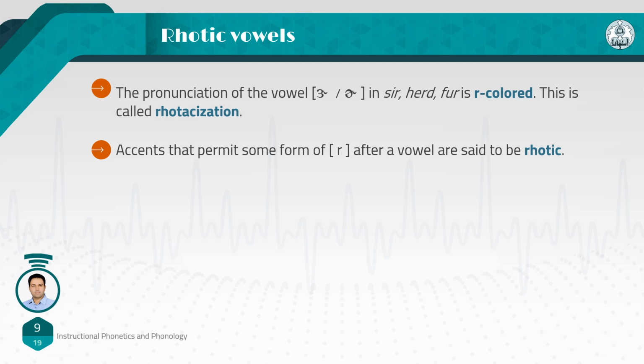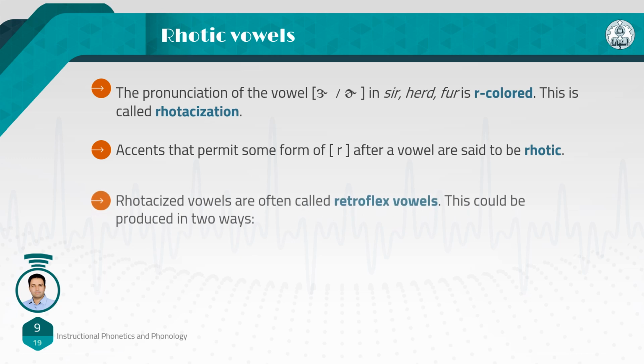In many forms of American English, rhoticization occurs when vowels are followed by R, as in, for example, beard, bird, bard, poor, tear, hour. And if you pay attention to British pronunciations, you understand that British is a non-rhotic accent, while American is a rhotic one.